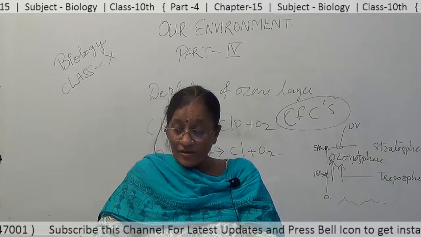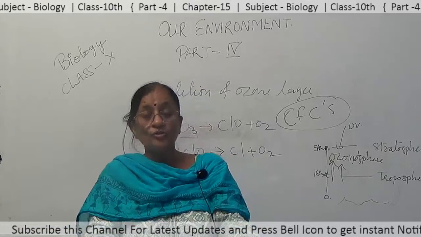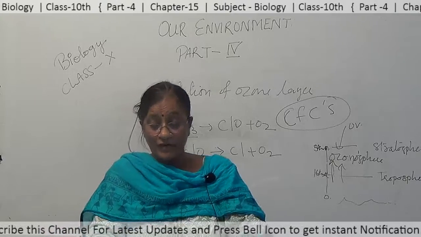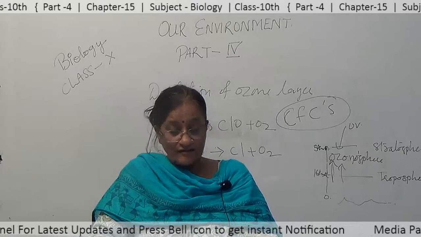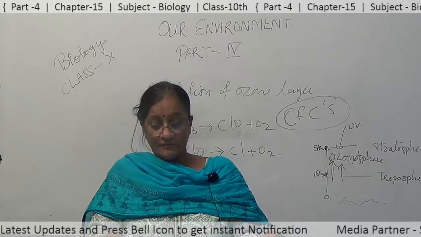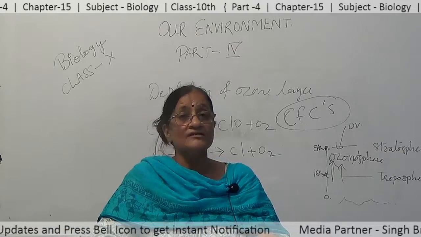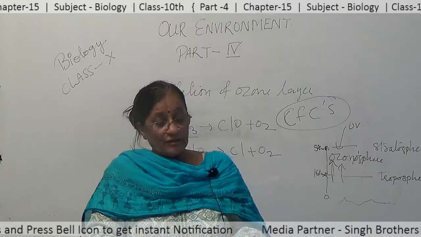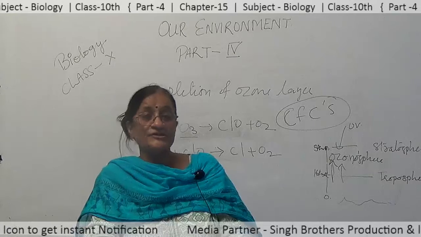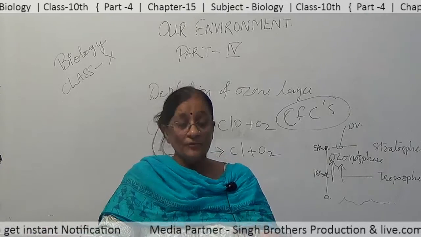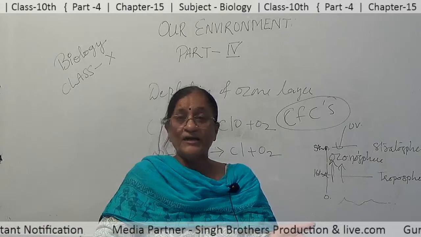The thinning of the ozone layer allows more ultraviolet rays to pass through, which then strike the earth and harm plants and animal life. Now, effects of ozone layer depletion. Human health is badly affected.